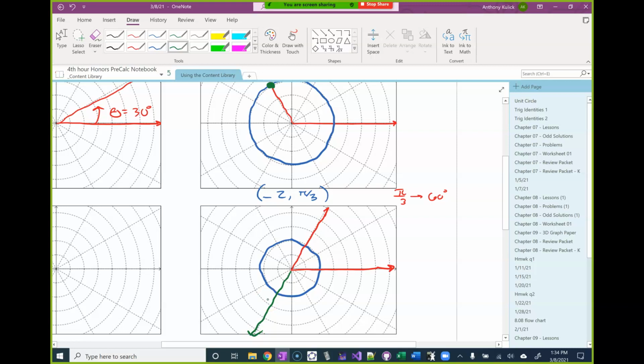So we're basically using the negative vector equivalent. Note that this is basically the same thing as 2 comma 240 degrees, right?